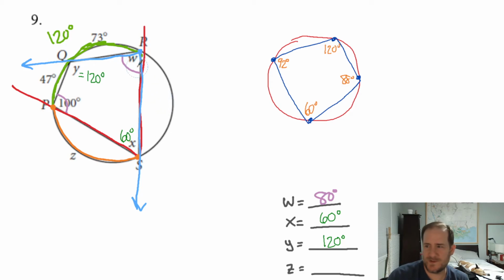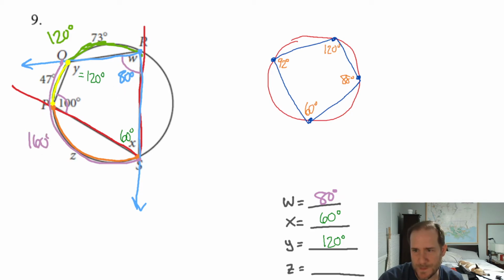So we can see that W, which by the way was 80, cuts the arc that's made out of just this piece. Let's make that yellow. So the 47, the blue, cuts the arc that's made out of the yellow and the orange together. So we can figure out that this whole thing in lavender is just 80 times 2, so 160.